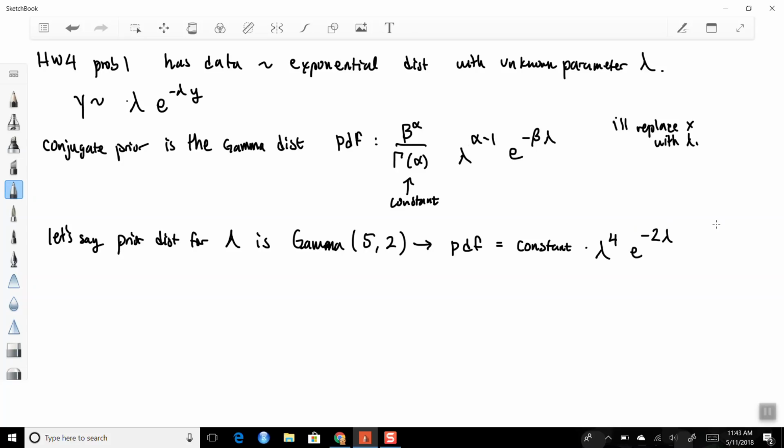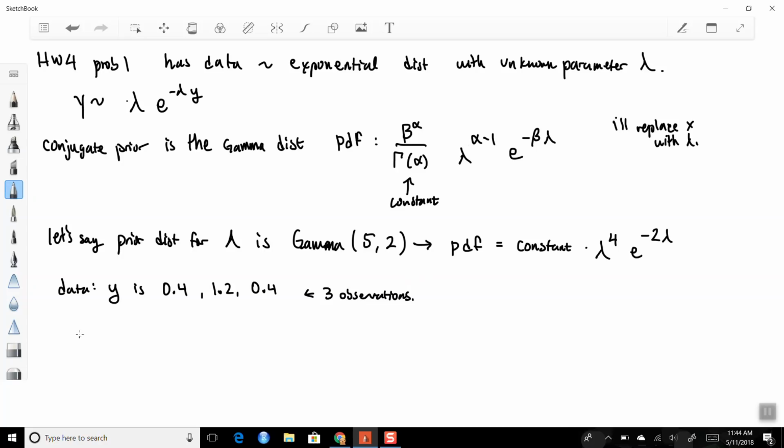Let's say my data for y is 0.4, 1.2, and 0.4. So I just have 3 observations. After I observe my data, I want to know what my posterior distribution is.